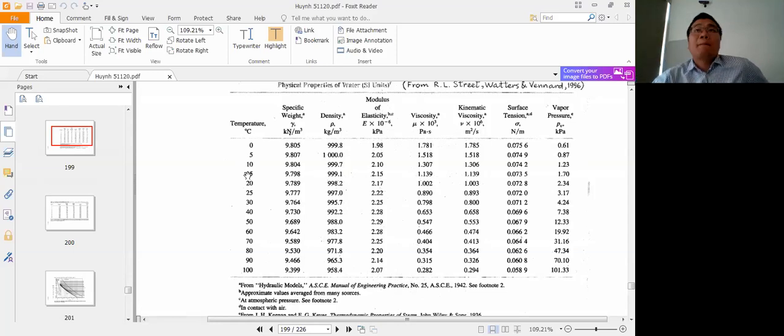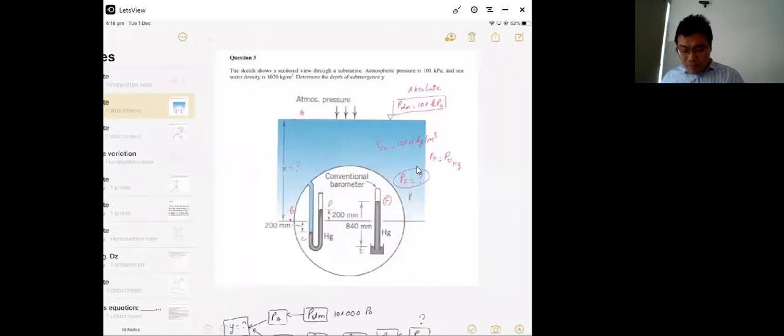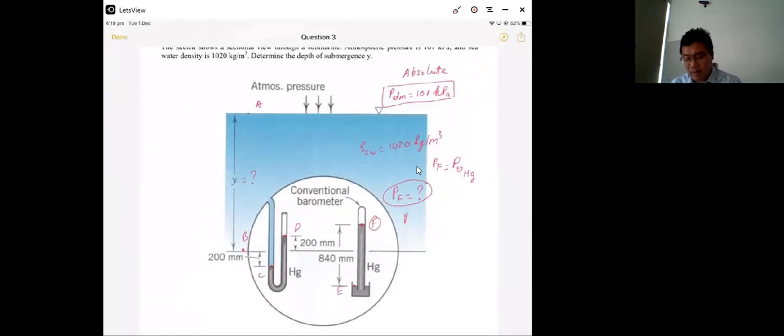1.7 kPa. So this one is similar to our question. Pressure at E, we have pressure at E, and in here we have mercury.